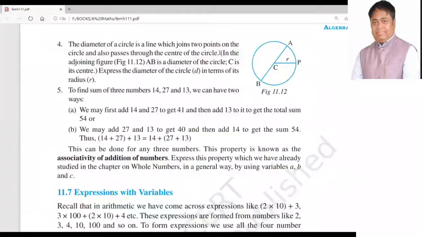In the adjoining figure, AB is a diameter of circle C and C is the center. Express the diameter D in terms of radius.